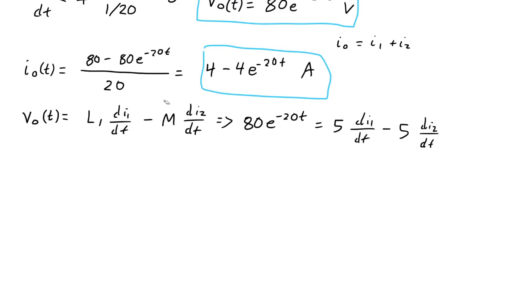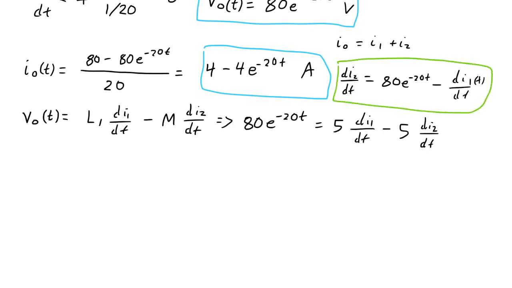Now, incidentally, di_o/dt happens to be the same as the voltage expression. That's just a coincidence in this problem. So if we go ahead and substitute it in and solve for di2/dt, we're going to get 80 e to the minus 20t minus di1/dt.